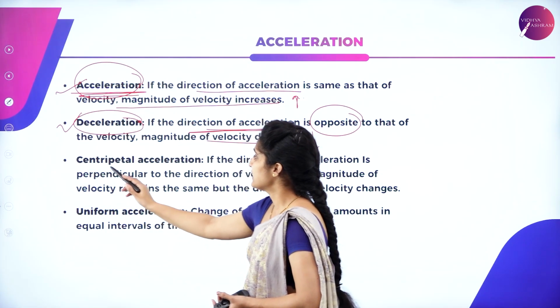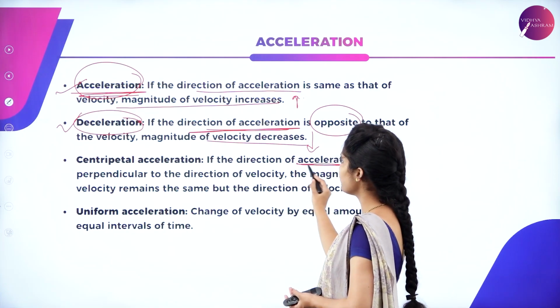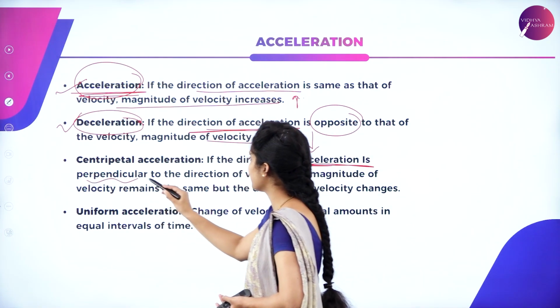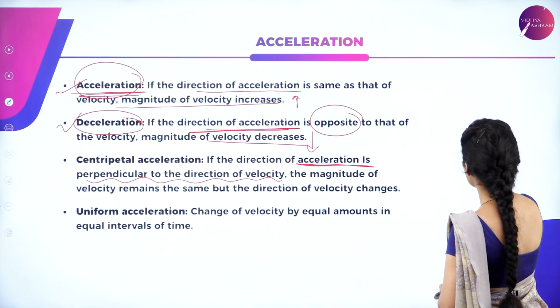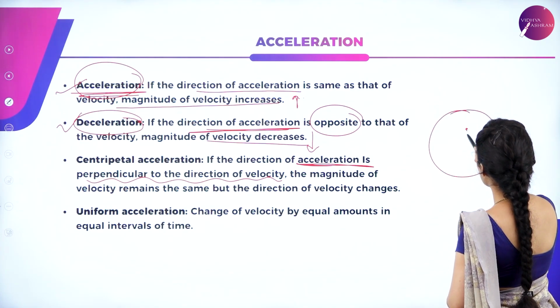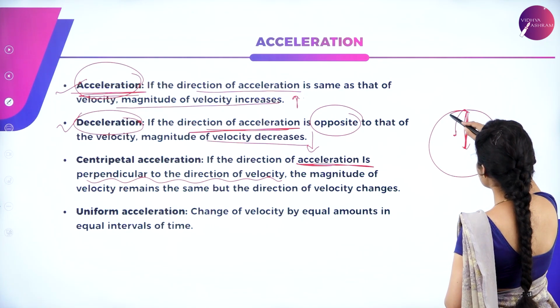Next you have centripetal acceleration, which means the direction of acceleration is perpendicular to the direction of velocity. Suppose this is a circular path and here there is a center, and there is an object which is connected and has a force towards the center.